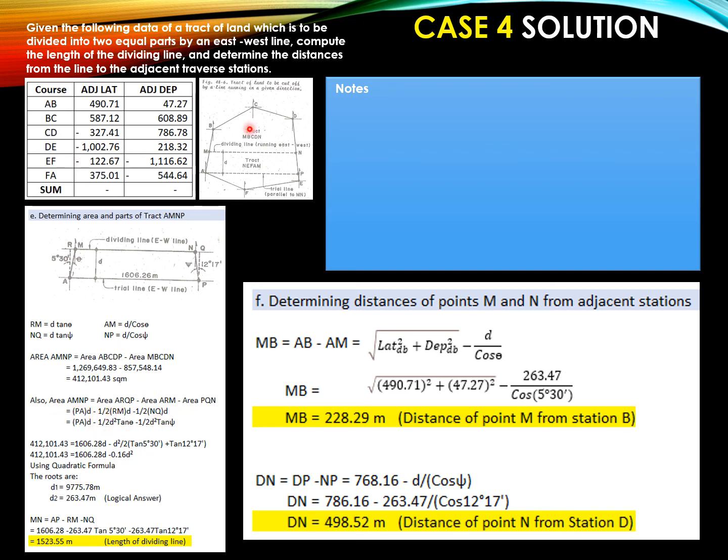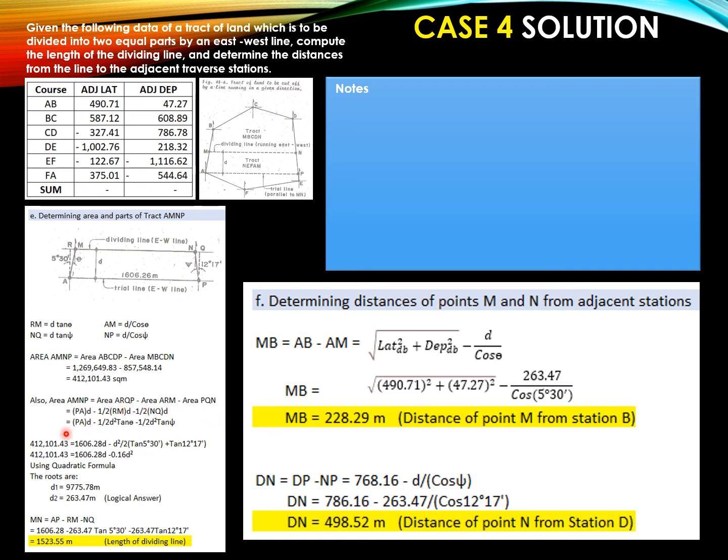Also, area ng AMNP, i-minus mo lang doon yung area ng ARM, tsaka area ng PQN, doon sa area ng RQP.